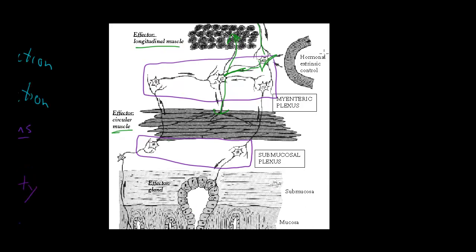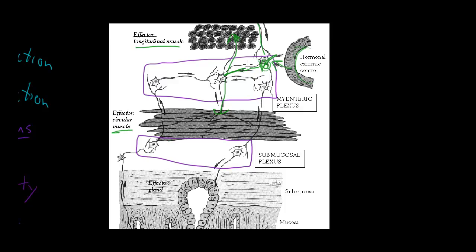And you also see a hormonal extrinsic control coming from a blood vessel and exerting control on the synapse at the myenteric plexus, and that could also affect the contractions of these muscles.